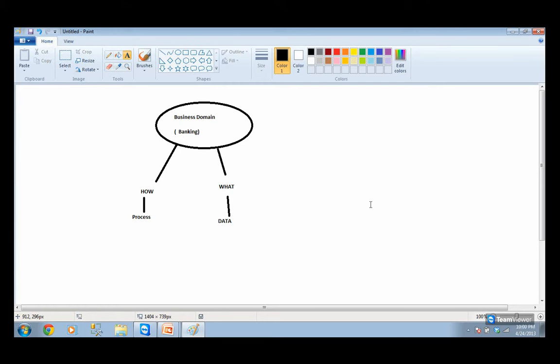It means whether you take banking or insurance or hospital or health or tourism, anything you take, you have only two things to understand. If somebody says we are automating, we are computerizing our business, then only two things you need to capture. One is the process, and the other is the data of the business.